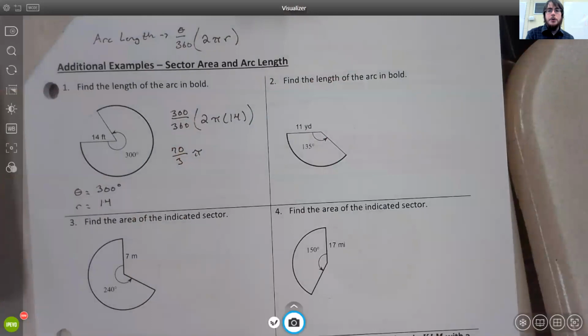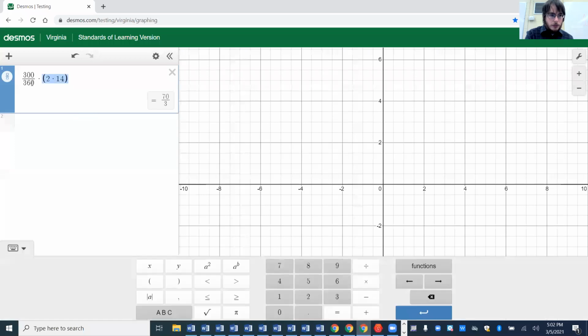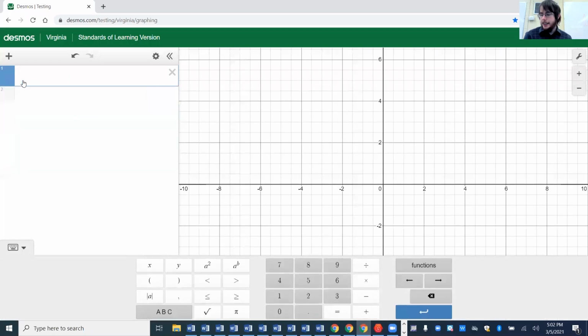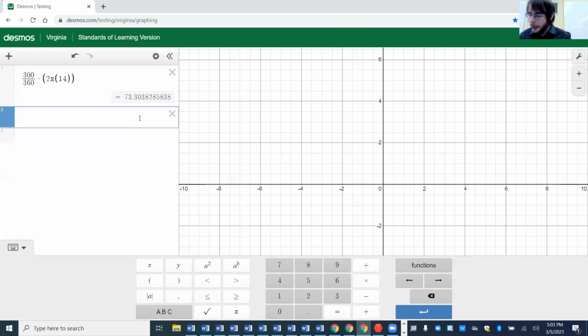Now we're going to do the same thing, but approximate. So 300 over 360 times, and then we're just going to type in 2 pi and then times 14. And so that gives us an approximate arc length of 73.3.